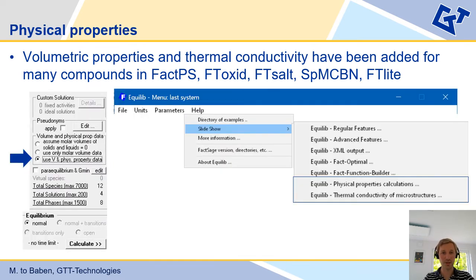And after you've done that, you can use the use volume and physical properties data option in Equilib. And when you calculate, you will then get the output on thermal conductivity of a microstructure. If you're interested in more information on that, please visit the slideshows on physical property calculations and thermal conductivity of microstructures.